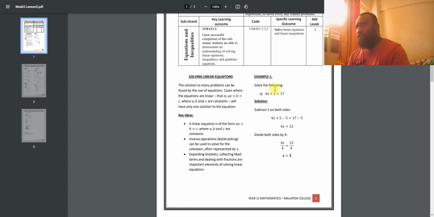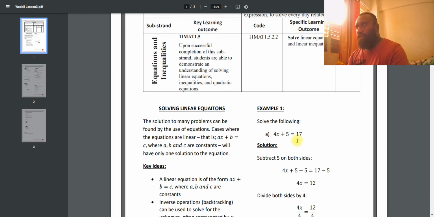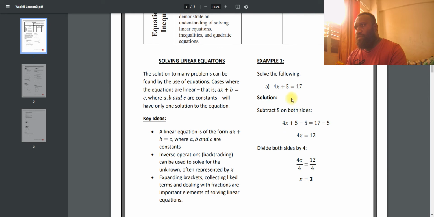For instance, solving the following: 4x plus 5 equals 17. What we do here is we take the plus 5 to the other side. Since it is a plus, the opposite on the other side will be a minus, and we are left with 17 minus 5 to give us 12, and 4x.